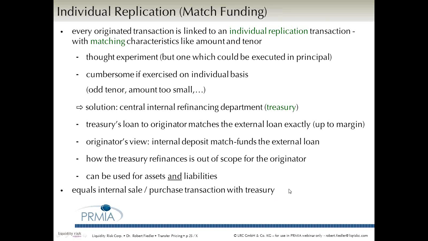The originator's view is that the internal deposit matches his loan, and how the Treasury refinances is out of scope of the originator. This method can be used for both assets and liabilities, and it could be seen as an internal sale or purchase transaction with the Treasury.